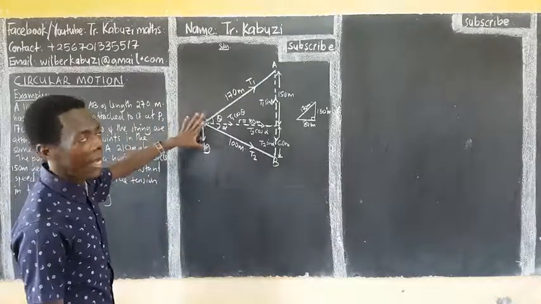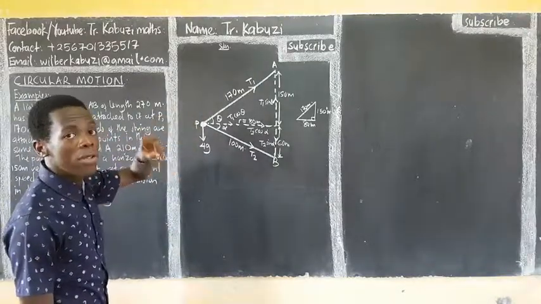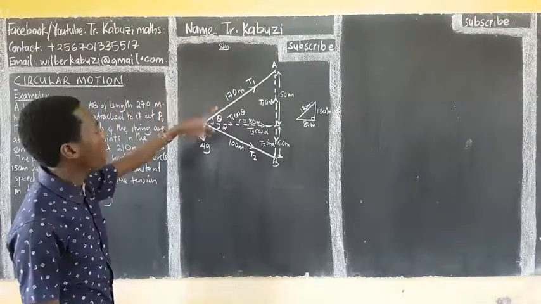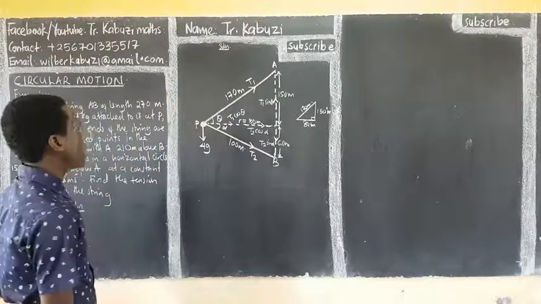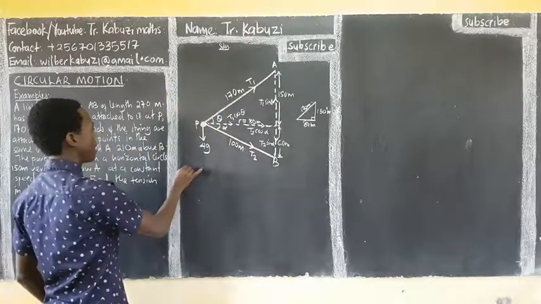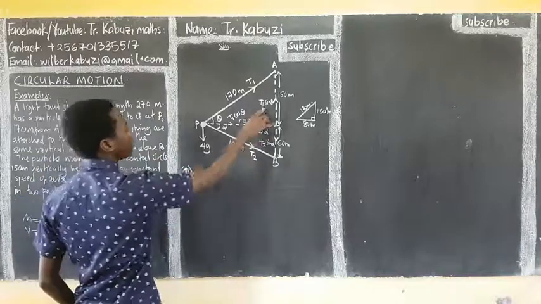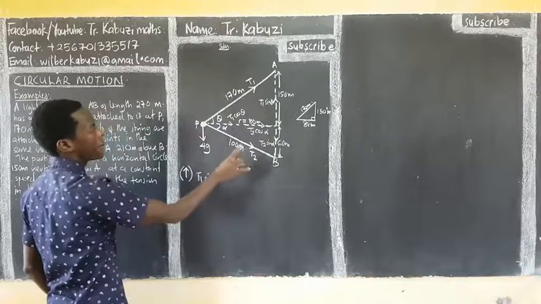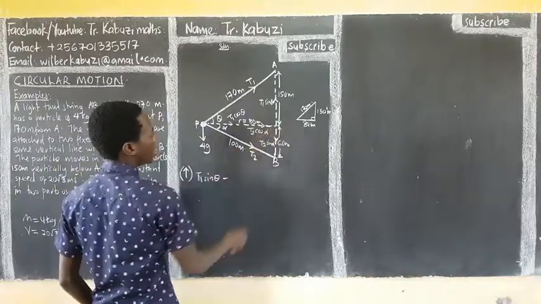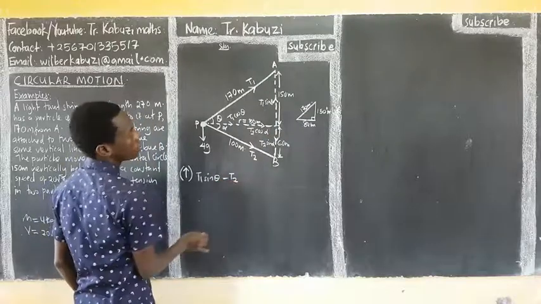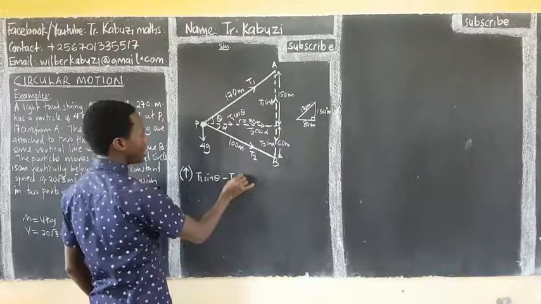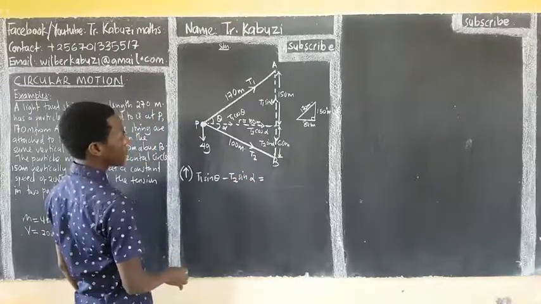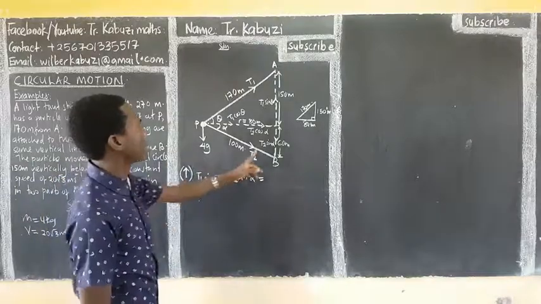All forces we want here should be in either horizontal or vertical way. We don't want anything slanting. That's why you resolve them. So from there, let me say resolving upwards, we have T1 sine theta, then we subtract, this one is going down, T2 sine alpha, that one is going to be giving us upwards, so this is the force acting upwards.